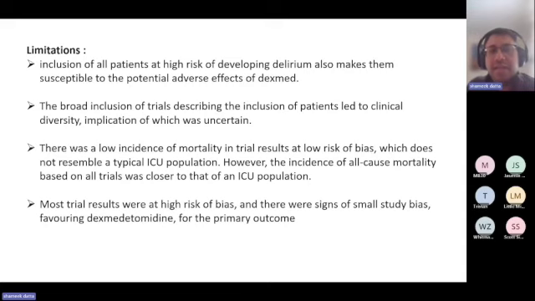But when they tried to assess the incidence of all-cause mortality based on all the trials, even those which had a high risk of bias, that was kind of similar to an ICU population that we can see. And most of the results, again, were at a high risk of bias. Even the ones that were favoring dexmedetomidine had small study bias.